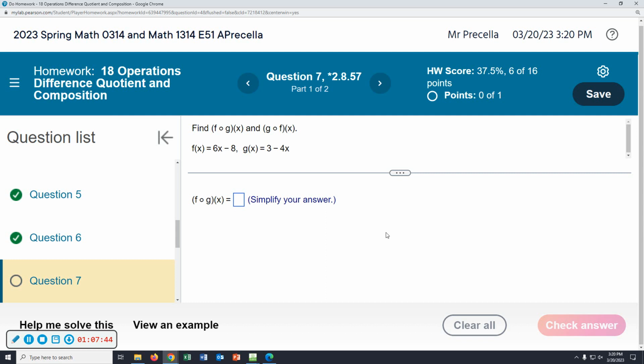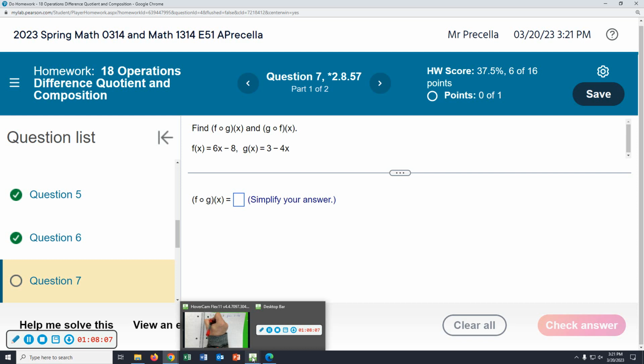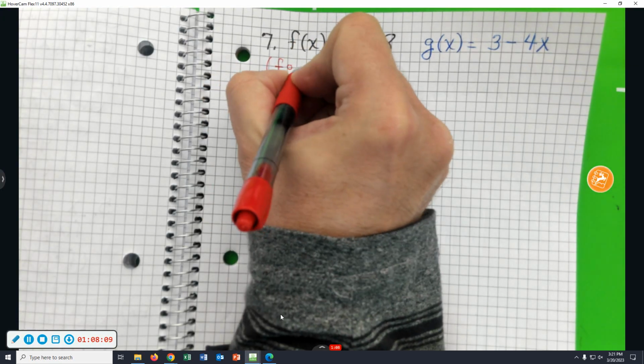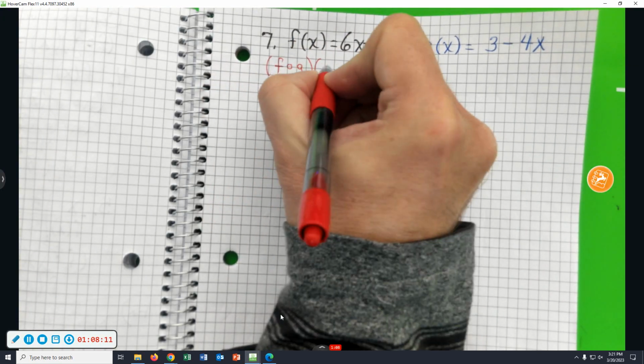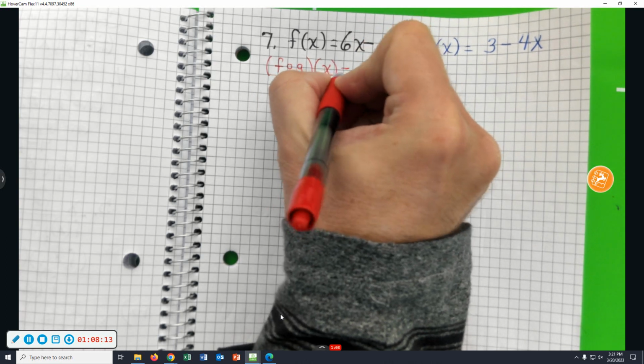Let me write out f of x first. f of x is 6x minus 8, and g of x is 3 minus 4x. The first thing we're told to do is find f of g of x.